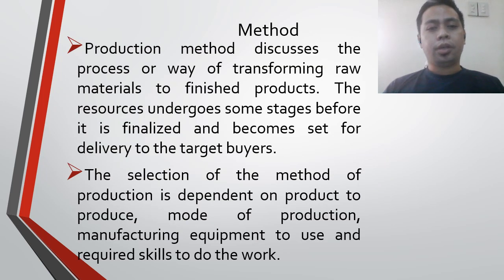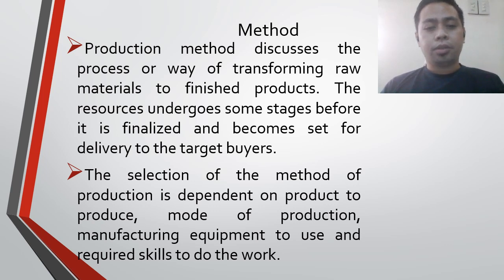So first M, which is the method. So the method discusses the process or way of transforming raw materials to finished products. The resources undergo some stages before it is finalized and becomes set for delivery to the target buyers.